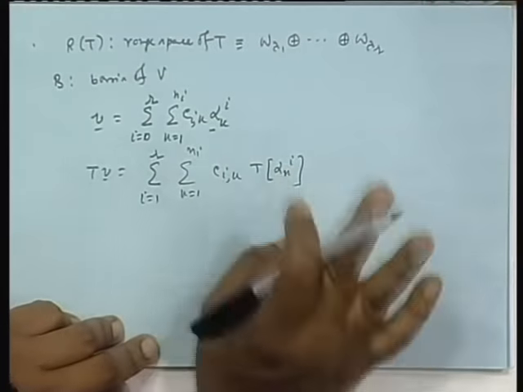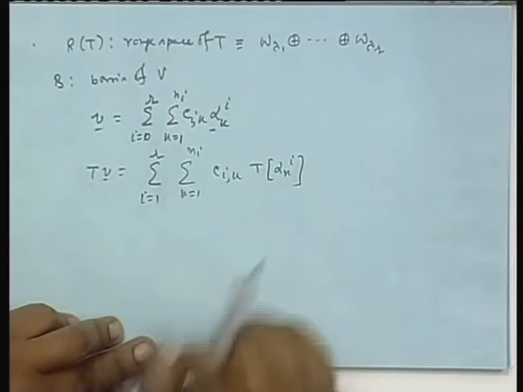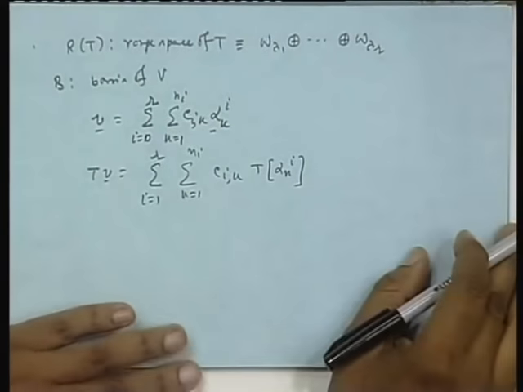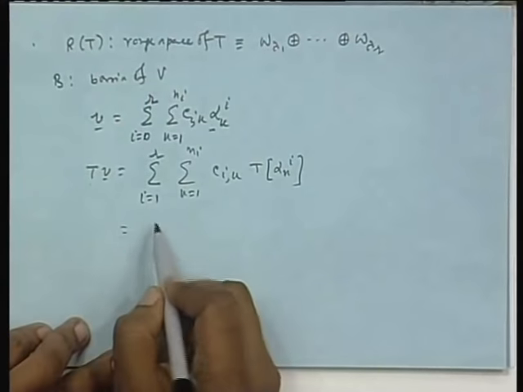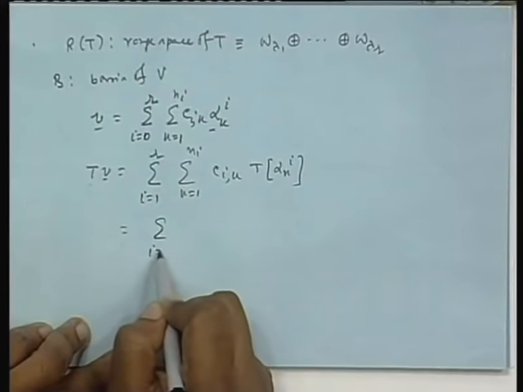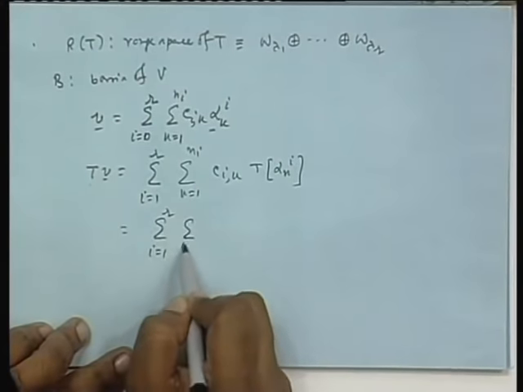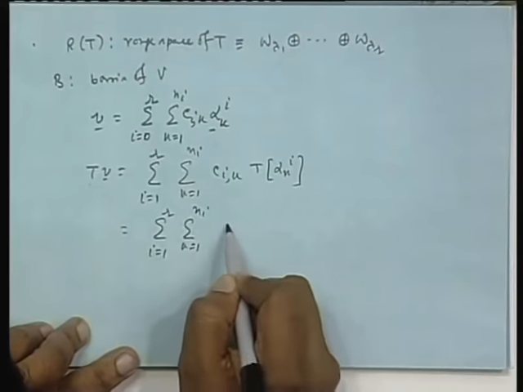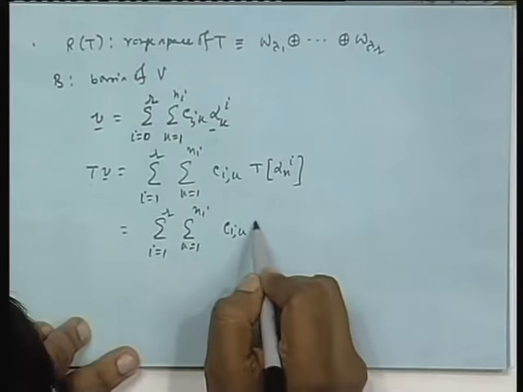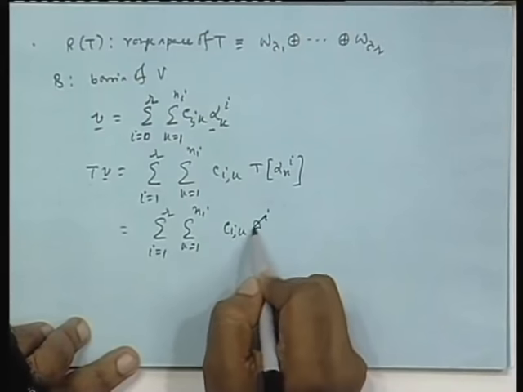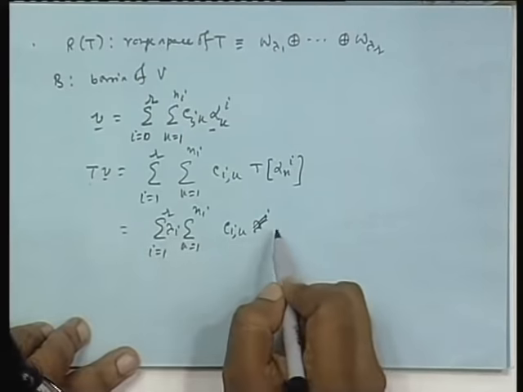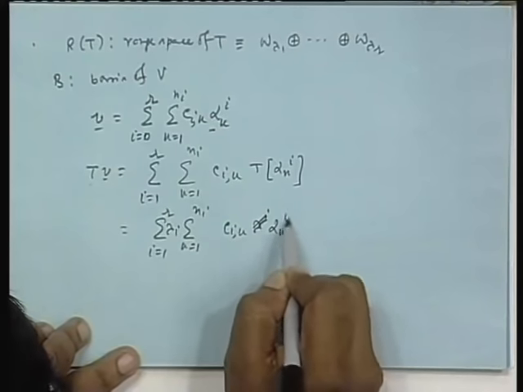They are eliminated from the sum, and here I have the same summation, c I k, but they are eigenvectors. So you can even put lambda I here, lambda I times alpha k I.